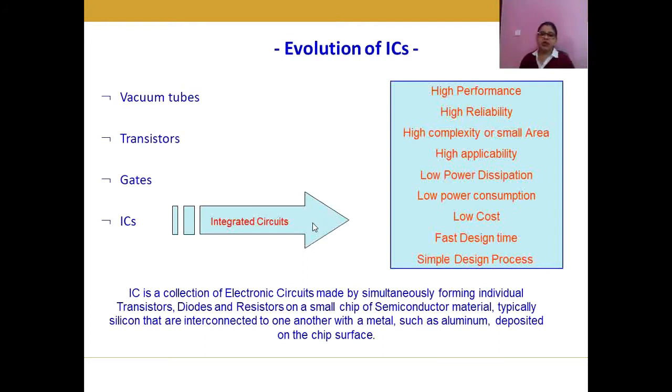And the design process is simple, because only a few steps need to be carried out to design an entire IC. So this is how it evolves, and slowly the IC captured the overall market across the world. Every electronic gadget, electronic device, electronic system is now using these ICs as a part of it.